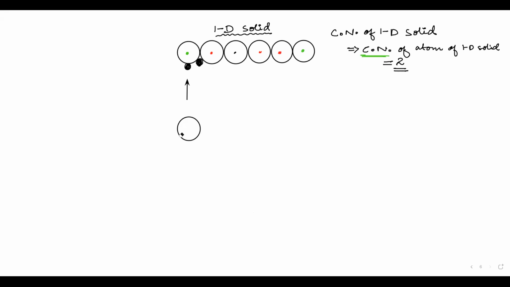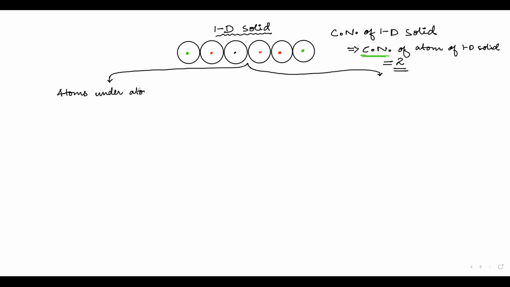Okay, I thought, okay, fine. There are two ways in which another atom can be added. Another atom can be added vertically, and the two choices are: I can put atoms under atoms, or I can put atoms under the depression.